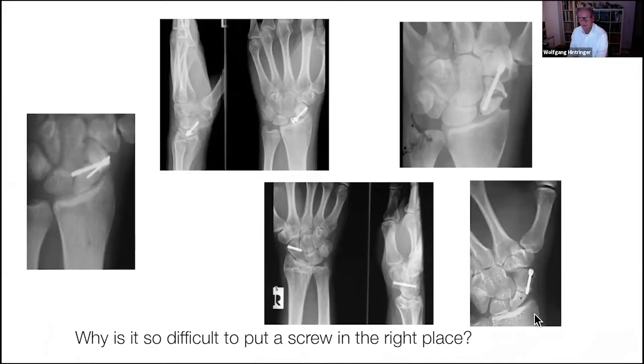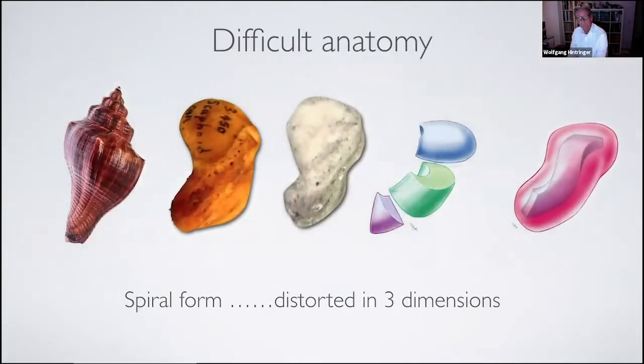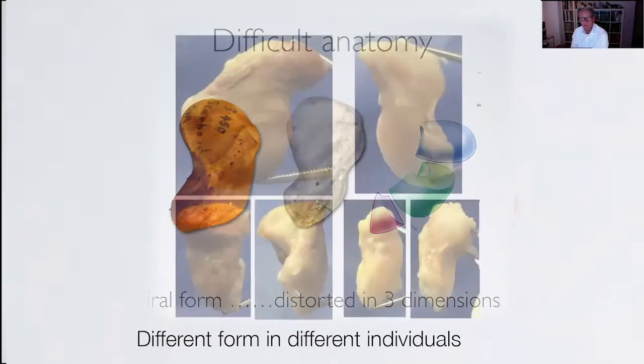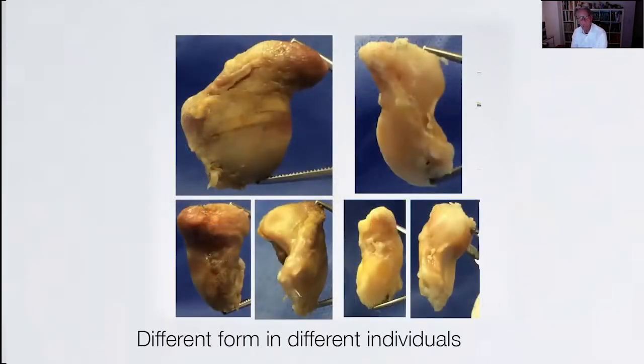I collected a lot of such failures of scaphoid screwing. And one thing is for sure, the scaphoid has a difficult anatomy. It has, as you can see here, a spiral form. It is distorted in 3 dimensions somehow. And that's not so easy to get a corridor in this spiral shaped bone.